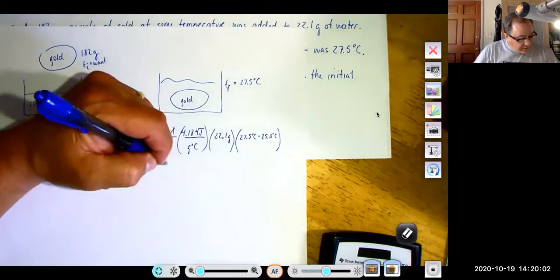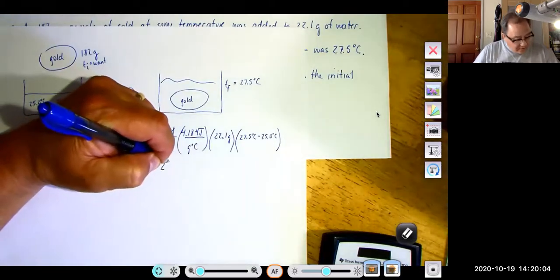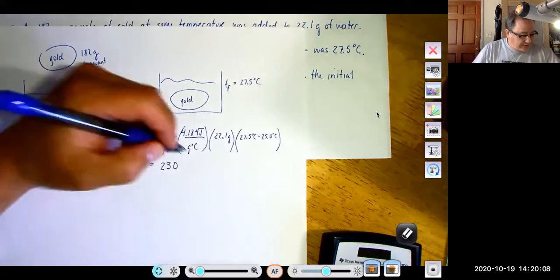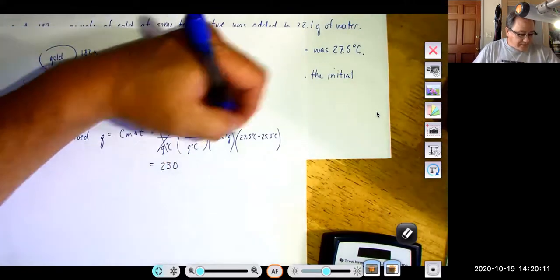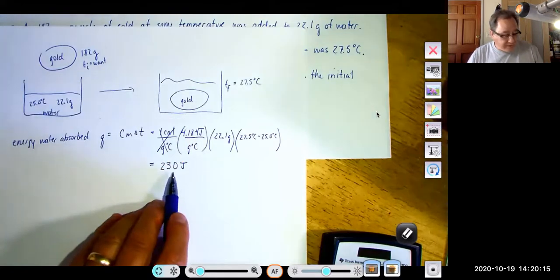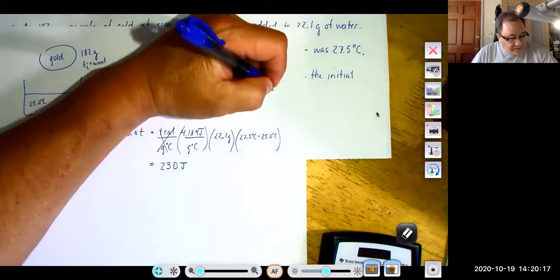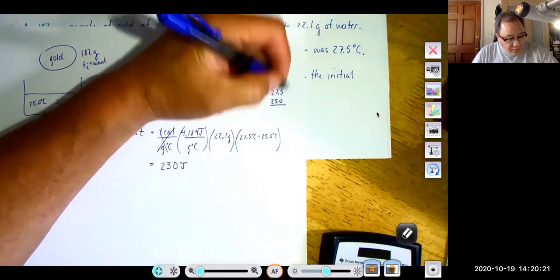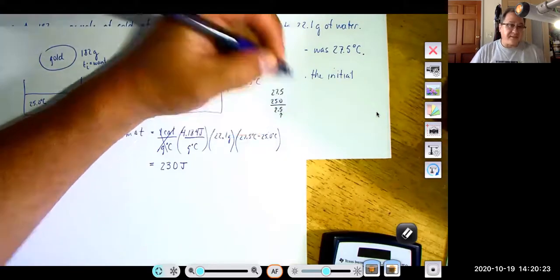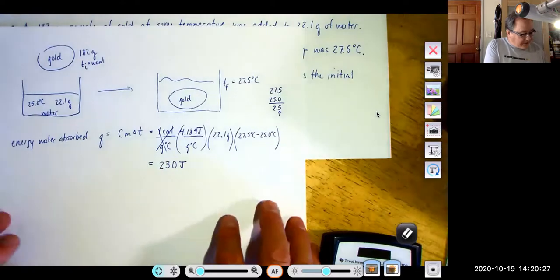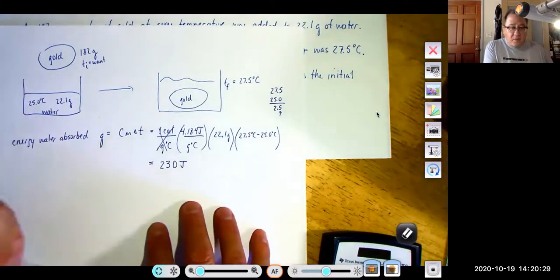And I get 230, let's see, grams cancel, degrees Celsius cancel, joules. Now, why only two significant figures? Well, because 27.5 minus 25.0 is 2.5 with two sig figs. Okay, so that's the amount of energy absorbed by the water.